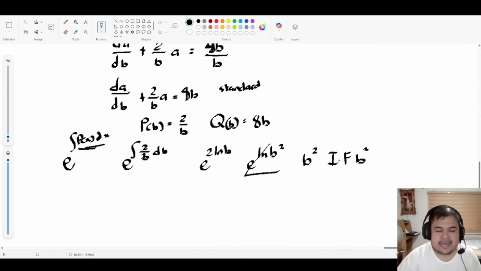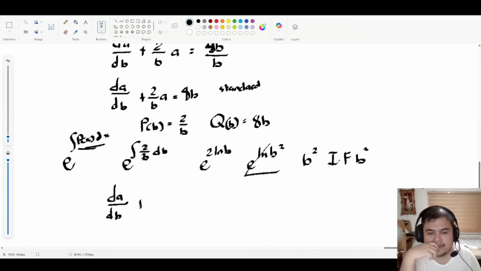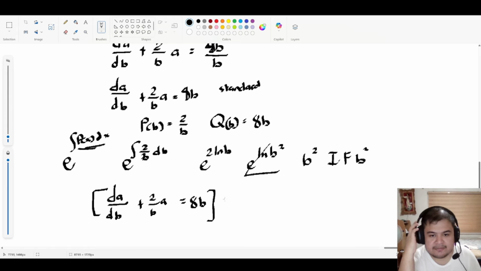When you get your integrating factor, you multiply it to the whole equation. You also multiply db, so it's much easier to look at.